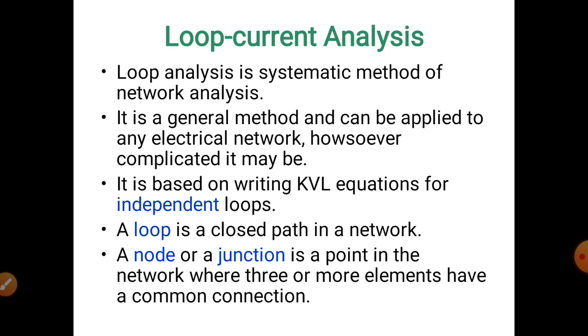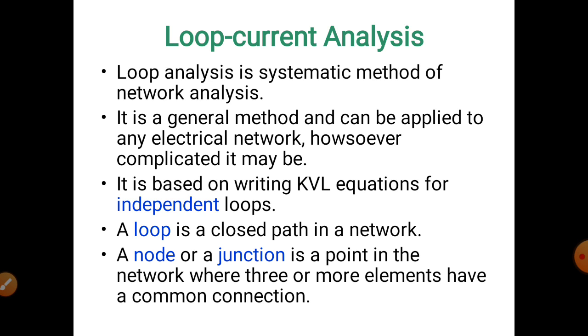We have to find the total number of loops, and then write the equations by using KVL. KVL is Kirchhoff's voltage law. It is based on writing KVL equations for independent loops. We have to write the KVL equation for each and every independent loop.